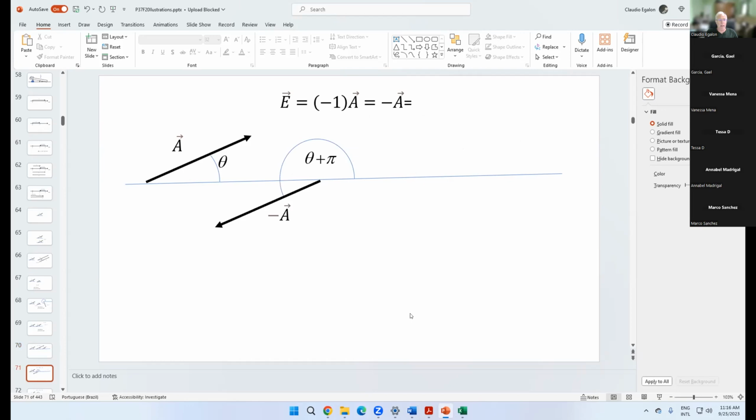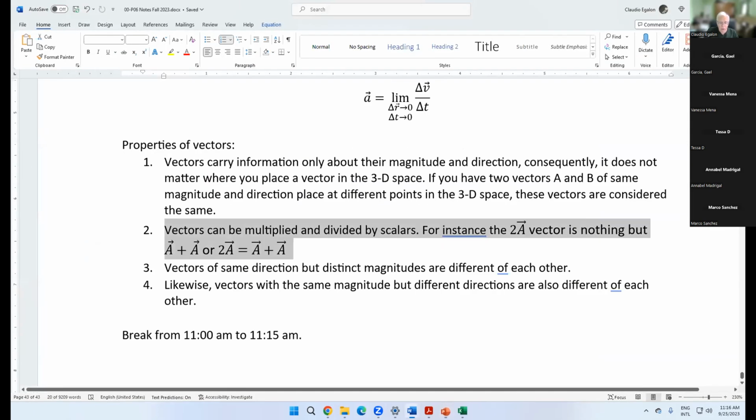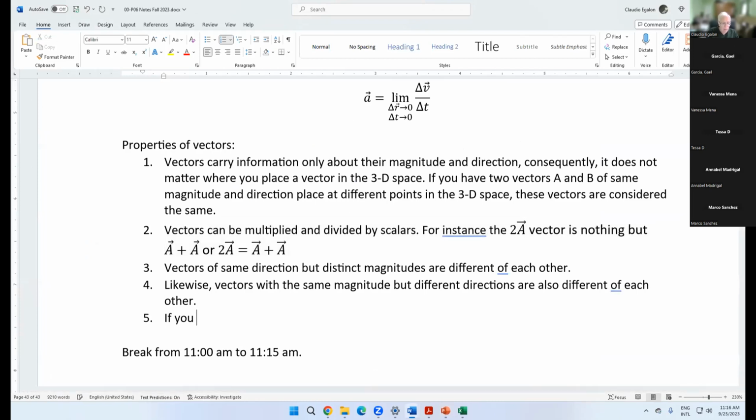But if you multiply a vector by a negative number, you just change its direction by 180 degrees, right? So here you go. If you multiply a vector by a negative number, you change its direction by 180 degrees.